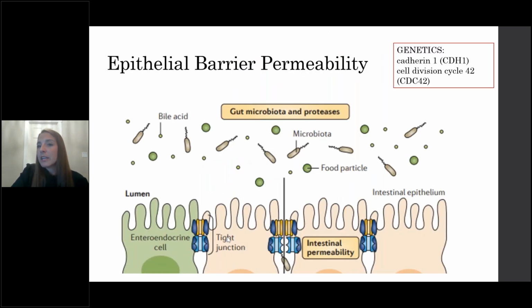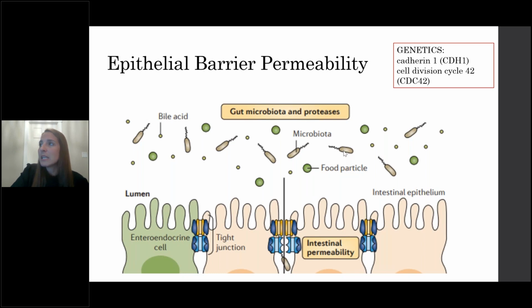But I want to focus on the very top part of this graph. Just looking at this picture, first off, you can see that the microbiota are all looking like they're the same species. And we know that there's a very diverse population in the healthy microbiome, so this is a simplistic drawing of that. But typically, these tight junctions would not allow large molecules or proteins or bacteria to be able to penetrate through.